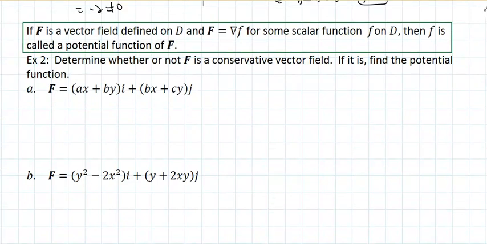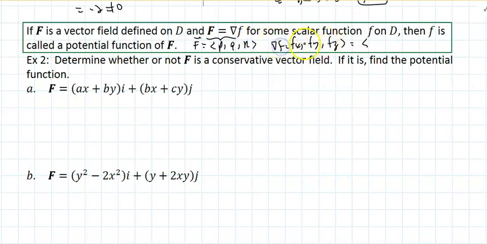If f is a vector field defined on some domain D, and f is f sub x, f sub y for 2 dimensions, f sub z for 3 dimensions, I mean, you know what I mean, f is p, q for 2 dimensions and r for 3 dimensions.